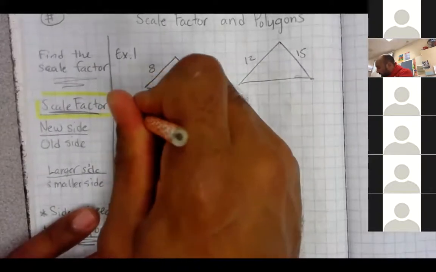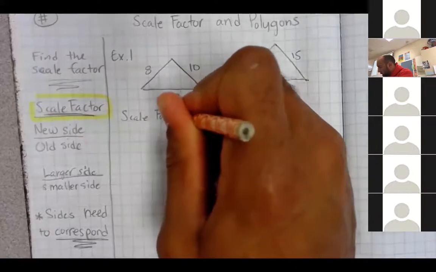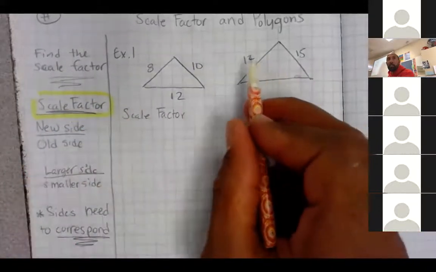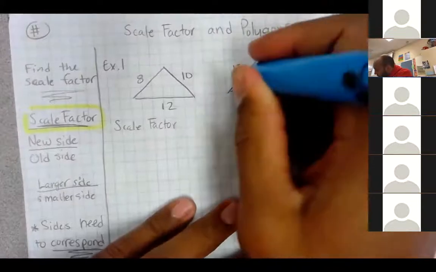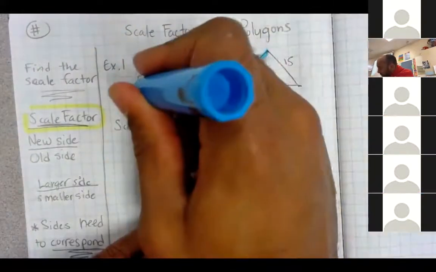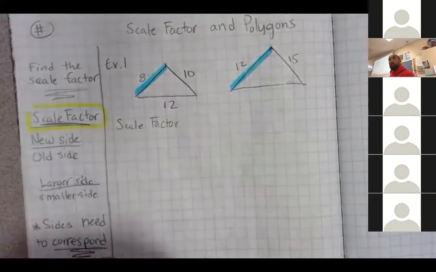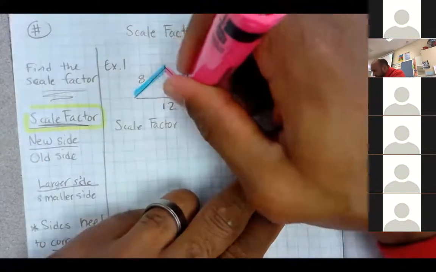So to find the scale factor, again, we're taking the new side divided by the old side, or in this case, the larger side divided by the smaller side. And here, 12 corresponds with 8. And in the same way, 15 corresponds with 10.